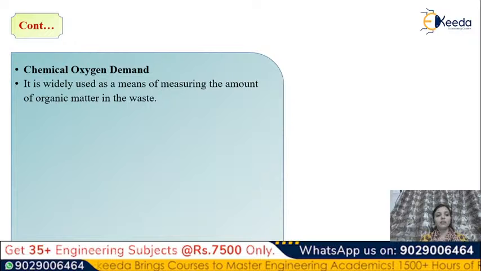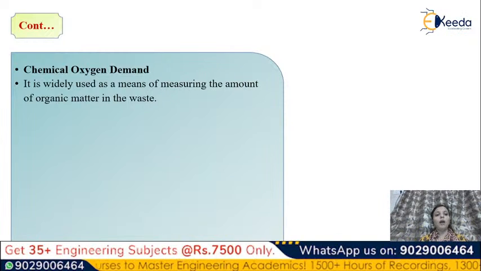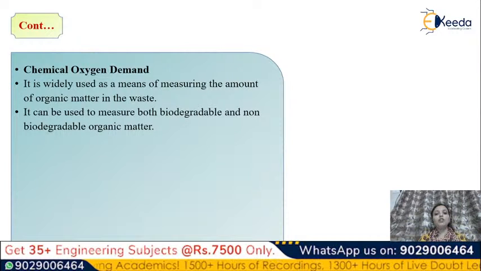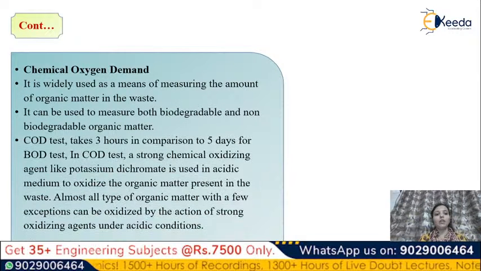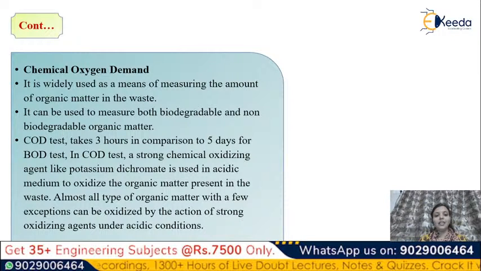It is widely used as a means of measuring the amount of organic matter in the waste. It can be used to measure biodegradable as well as non-biodegradable organic matter. The COD test takes 3 hours in comparison to 5 days. The BOD test is conducted for 5 days, but COD is conducted for 3 hours only.